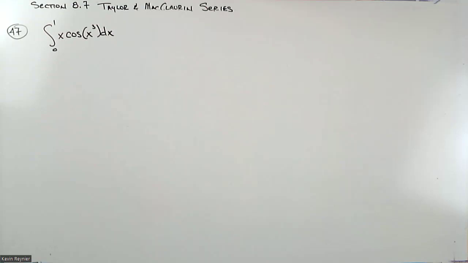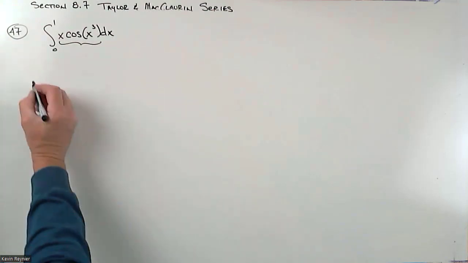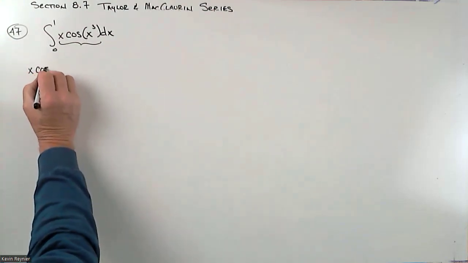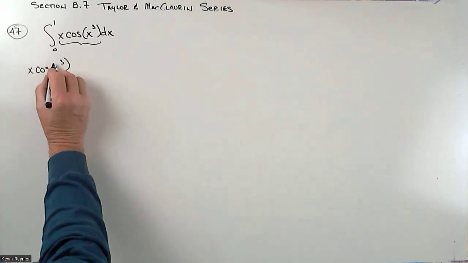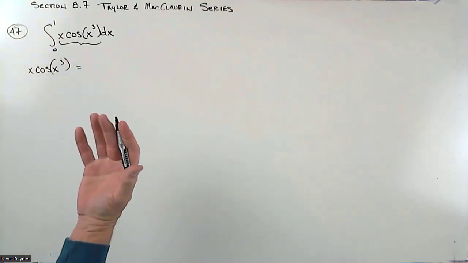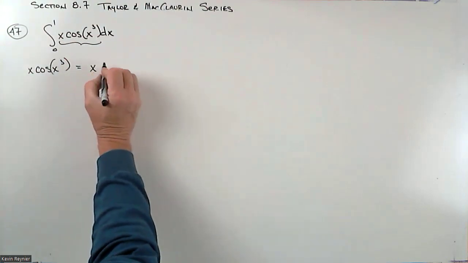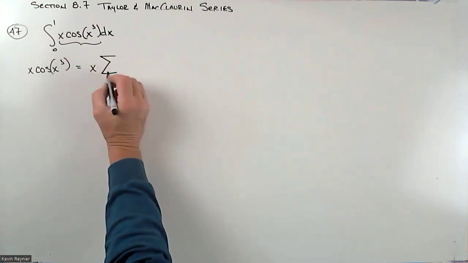Because you and I can find a power series for this. We know that x cosine x cubed is equal to, and we can pretty much write this down without doing any work, but we'll go through the steps.